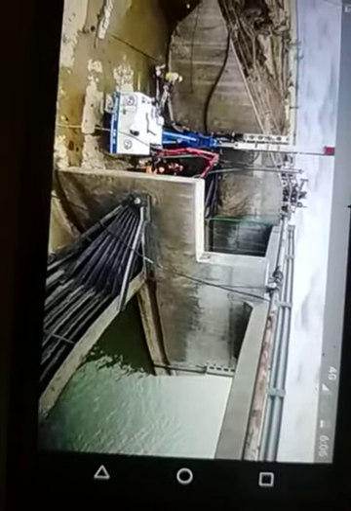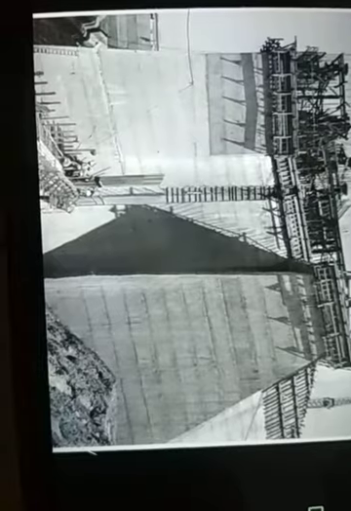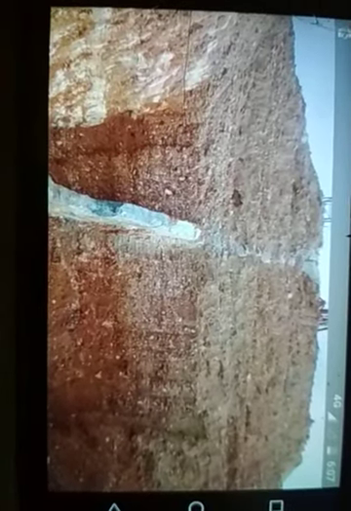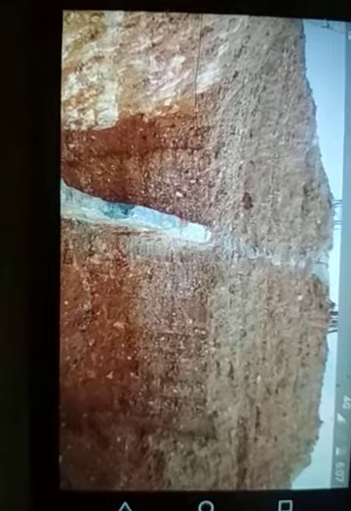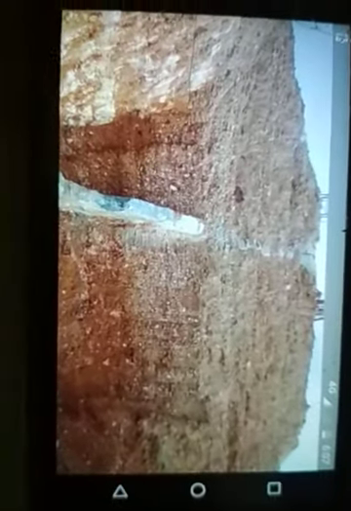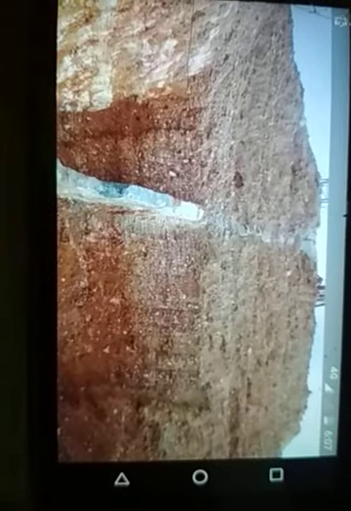Okay, it is also a type of cutoff wall, a giant cutoff wall here. This is a deep cutoff wall which is found during the excavation or during the maintenance of a dam.